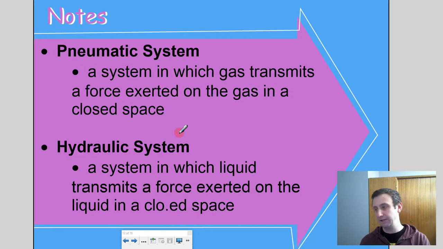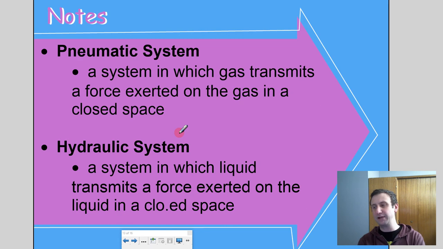All right, let's talk about pneumatic versus hydraulic systems. A pneumatic system is a system in which gas transmits a force exerted on the gas in a closed space. Gas and liquids are both fluids, but pneumatic systems use gases, and hydraulic systems use liquids.